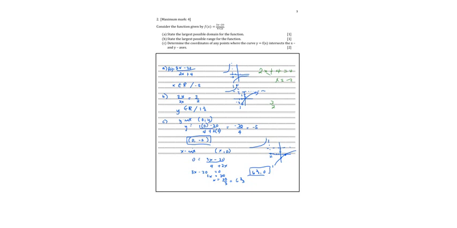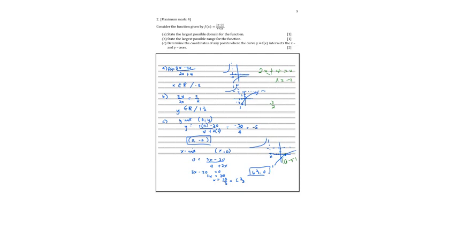So it will have the y-intercept at 0, negative 5. And then for the x-intercept, meaning to say your y is 0.